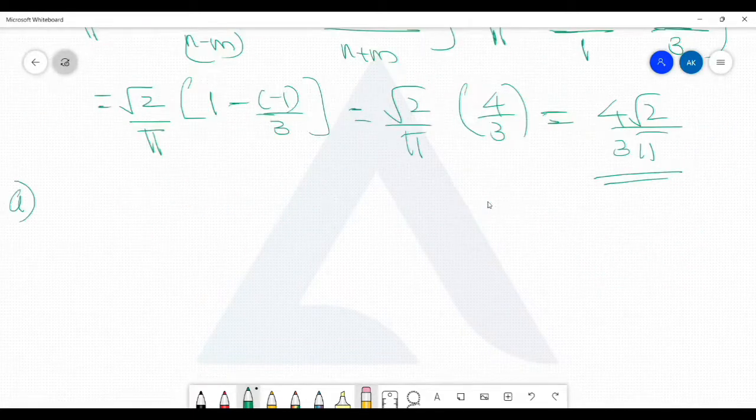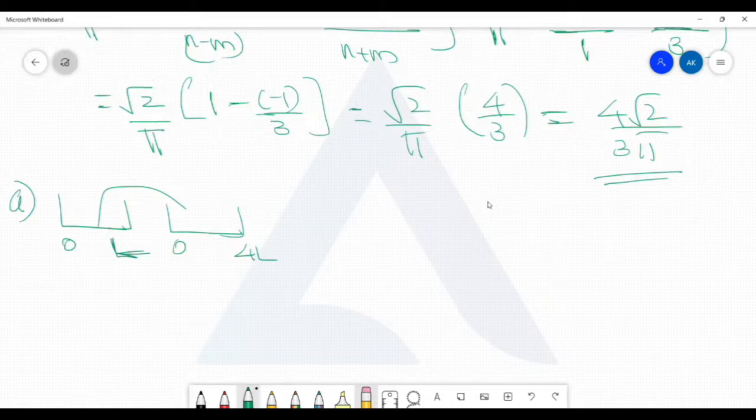The next question. The box 0 to L is shifted to 0 to 4L. I'm sorry, it is shifted 4 times, so n equal to 4, and I am looking for the ground state probability, m equal to 1. Try to write in a single step.